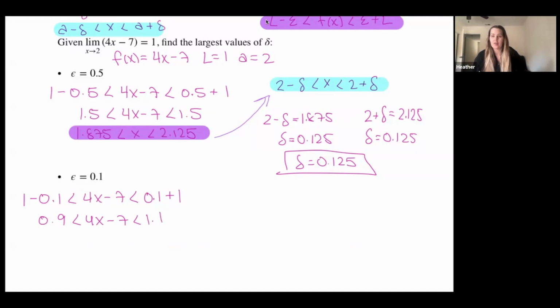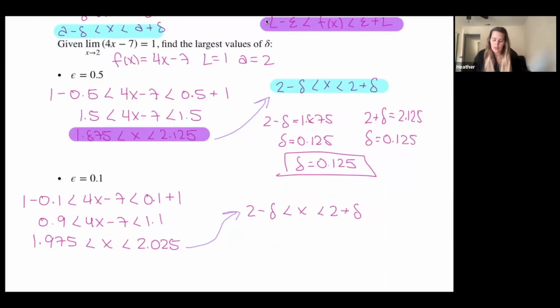We'll add the 7 and divide by the 4 all in one step again, just for space. Now I'm ready to once again plug that into the delta equation. So I have 2 minus delta, x, 2 plus delta. So now this side will go here, and this piece will go here.